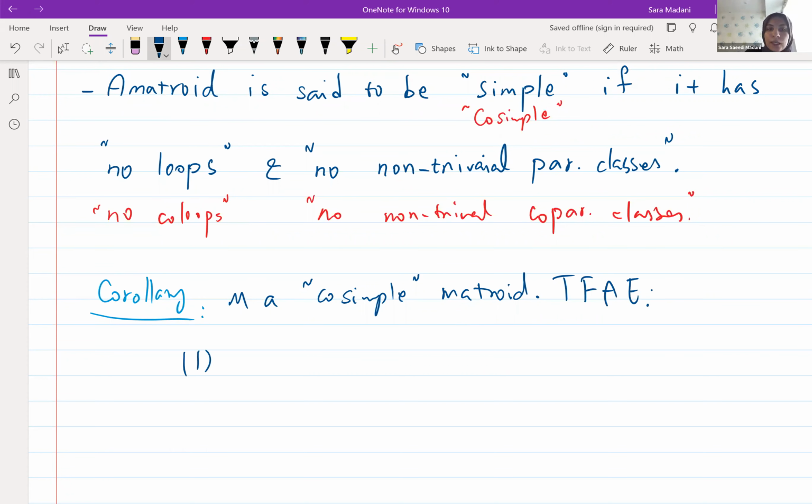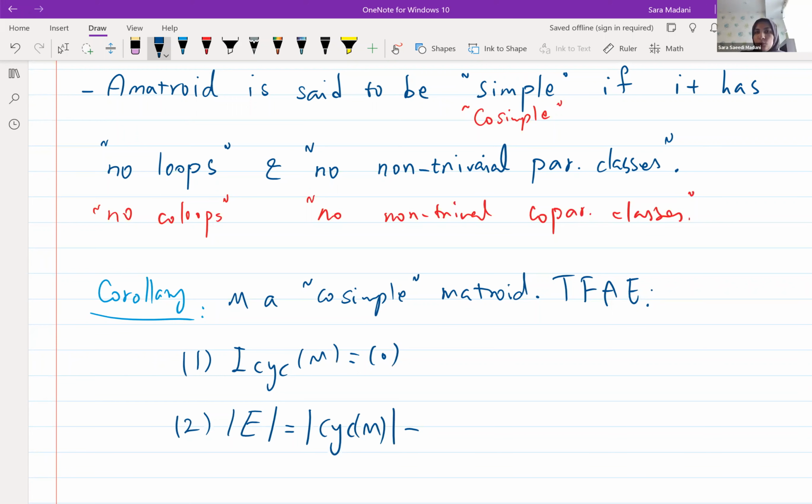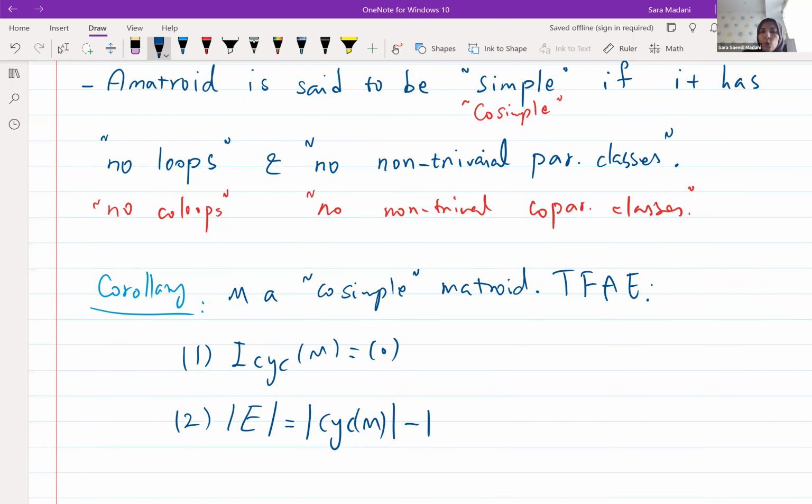One, the same as before, this ideal is just 0. But 2, on the left-hand side, we have just the cardinality of the ground set. So it is much better than the number of co-parallel classes or whatsoever we had above. So this should be the cardinality of psi minus 1. Let's see why. When I say co-simple, by definition above it means there is no co-loop and no non-trivial co-parallel classes.